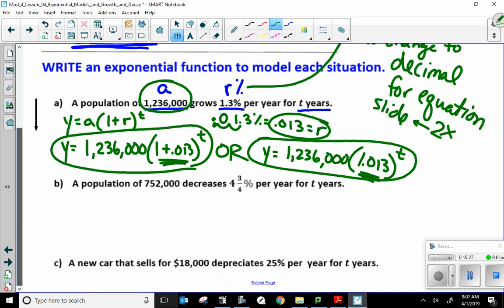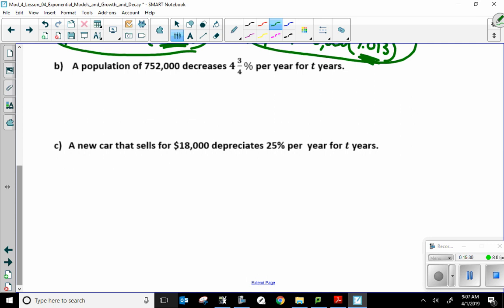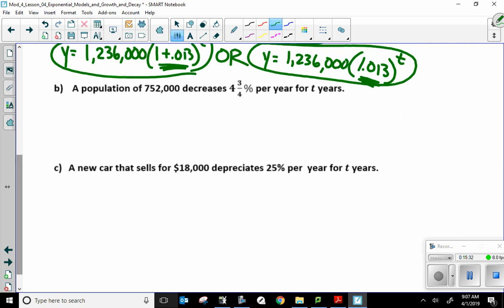Let's try a couple more, B and C. A population of 752,000 decreases. My rate, first of all, is the same as saying 4.75%. Now, you might say, oh look, there's a decimal there, I can put it in the calculator. Wrong. Not only is there a decimal, there's a percent sign. In order to get rid of that, I slide my decimal 2 spots to the left and fill any missing spots with zeros.